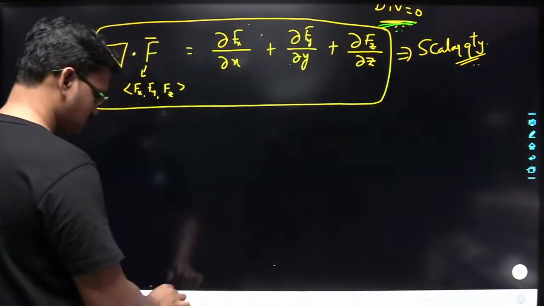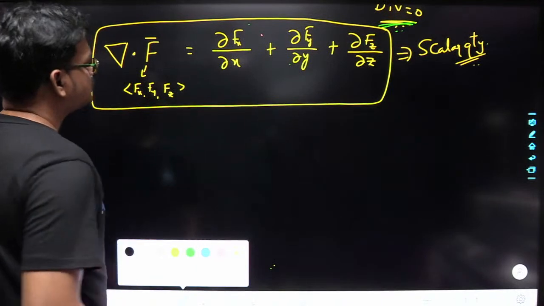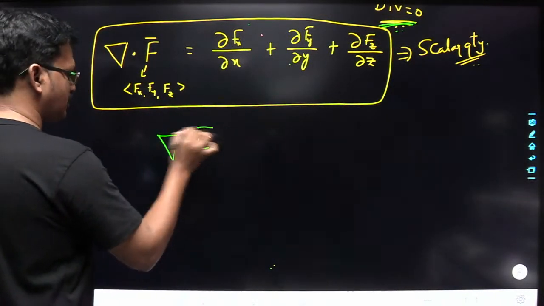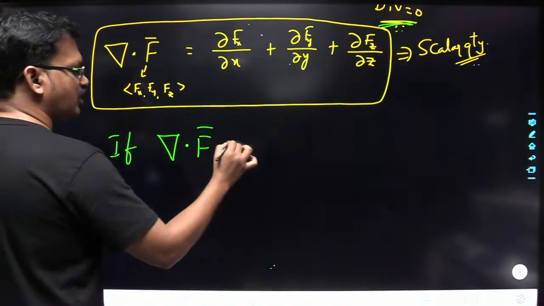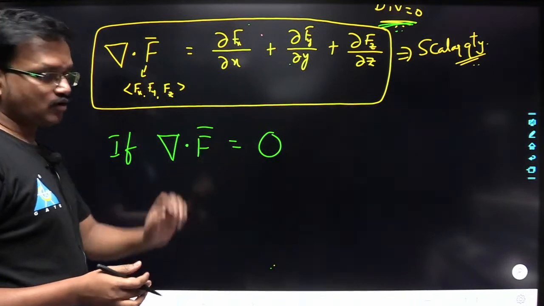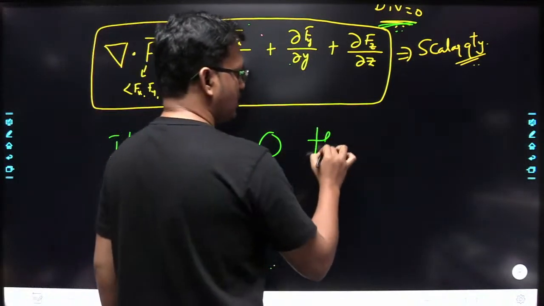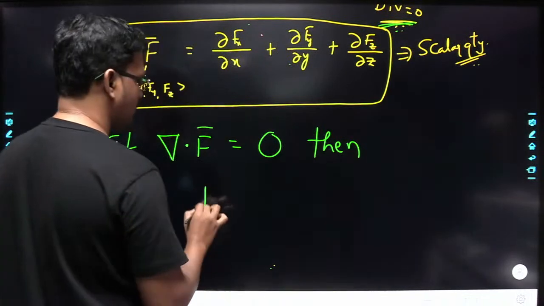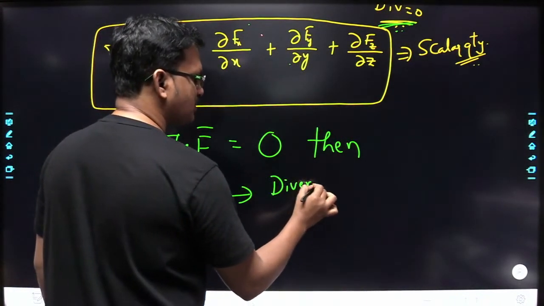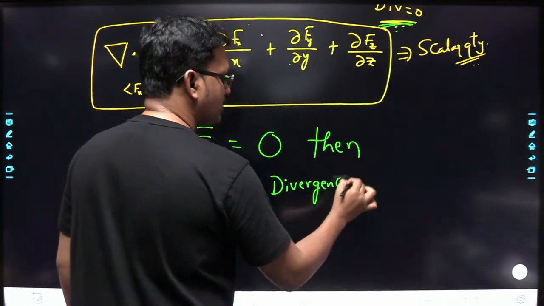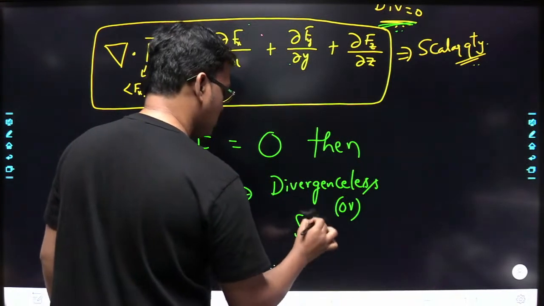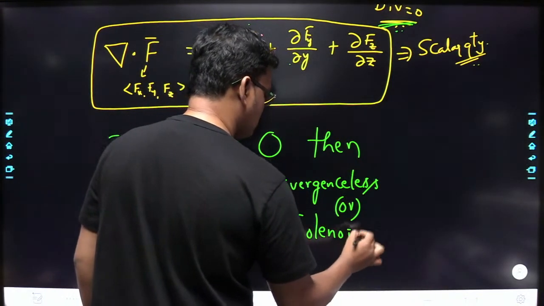So next, I have told that if the divergence of a vector field f bar is equal to 0, then f bar is said to be divergenceless or solenoidal, right?